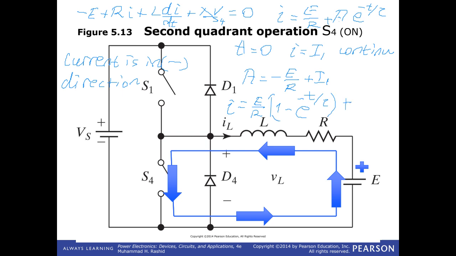Bir de I1 var burada. I1 çarpı e to the power of minus t over tau. That's the equation.